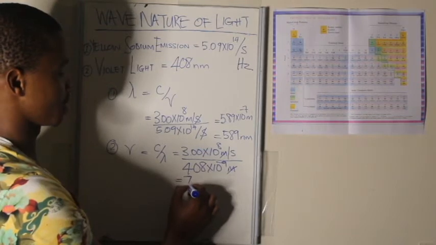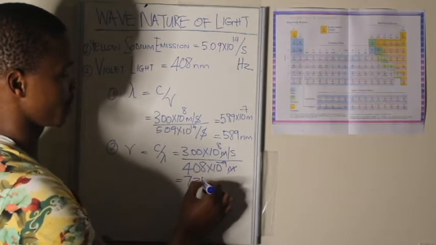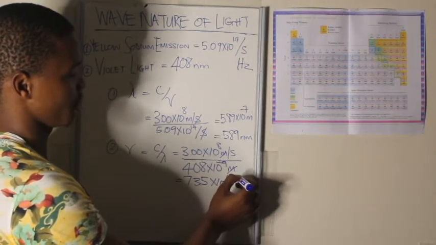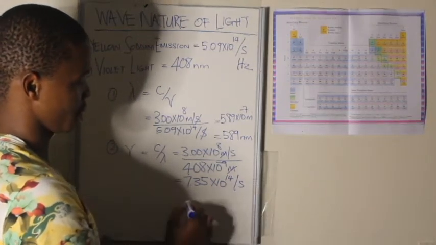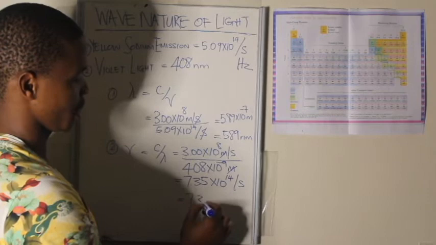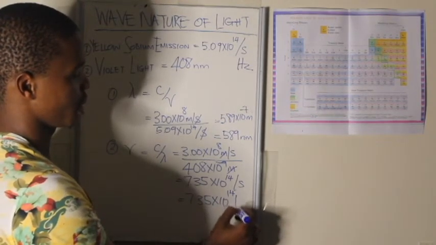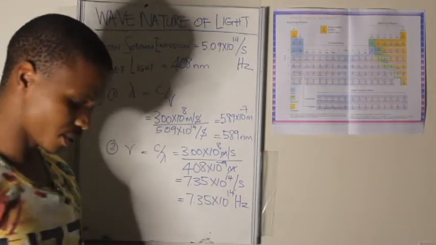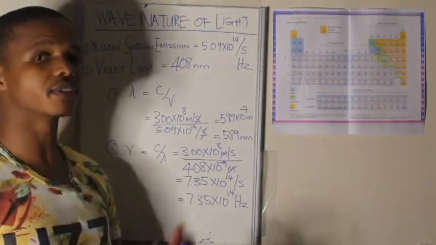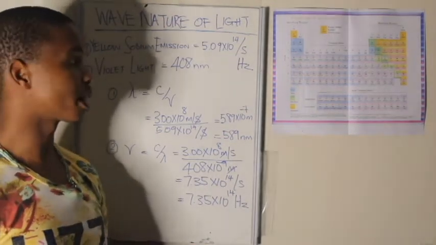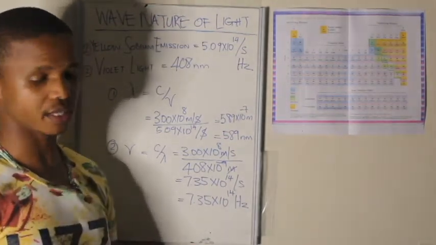You get 7.35 times 10 to the power 14 per second, or 7.35 times 10 to the power 14 hertz. So that is how you would calculate your frequency or your wavelength, depending on what you are given.